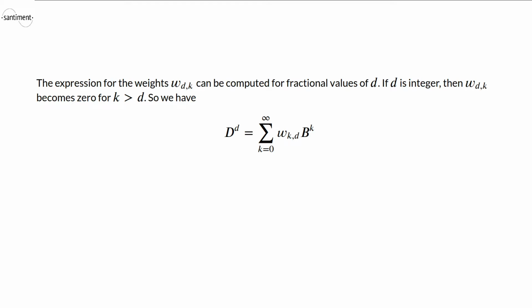The thing on the right is completely well defined, it turns out, even if d is a fractional number. So this is a power series, and we have to prove that it converges, but that's just details, it does. So actually, we can use this formula as the definition of what it means to apply this differencing operator a fractional amount of times. That's the main idea.